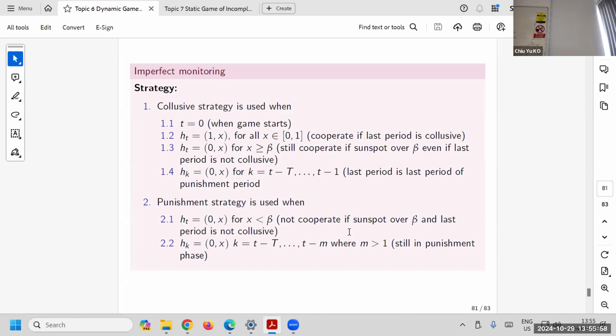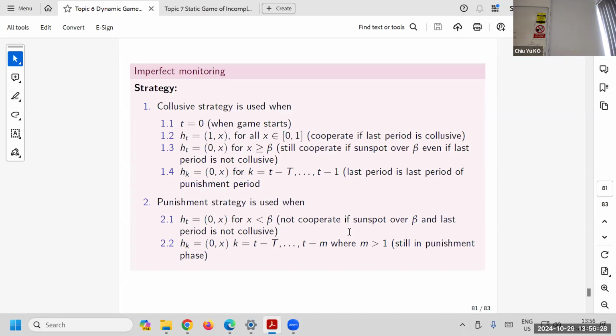If we punish forever, then we can't do things. No matter what had been done, after T periods, let bygones be bygones. We have been in fights for T periods, and then regardless, we will resume.